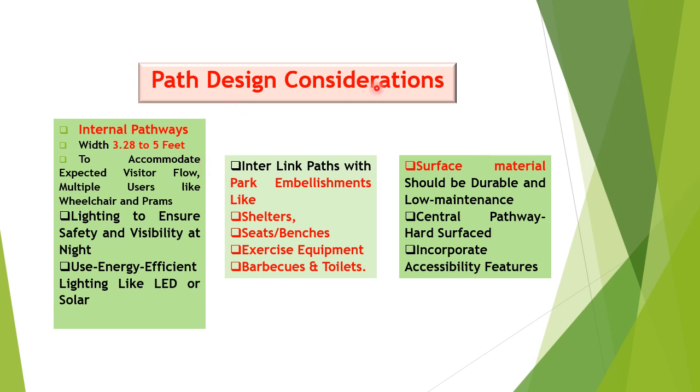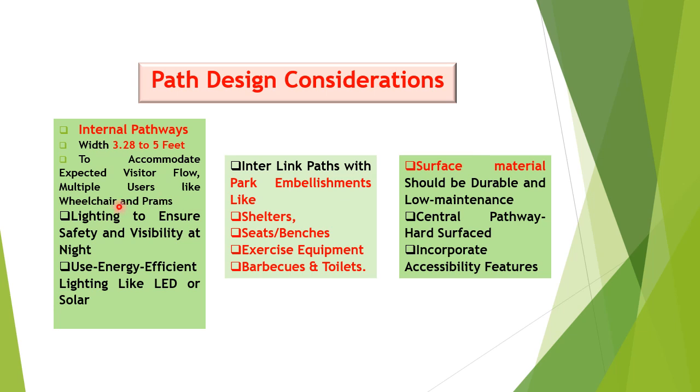Path design considerations. What should be the internal pathways? What should be the width? The width of the path should be 3.28 to 5 feet. It is to accommodate expected visitor flow. First of all, you have to see how much is the intake capacity, and accordingly you will make the paths.